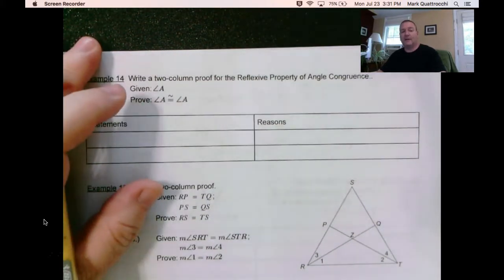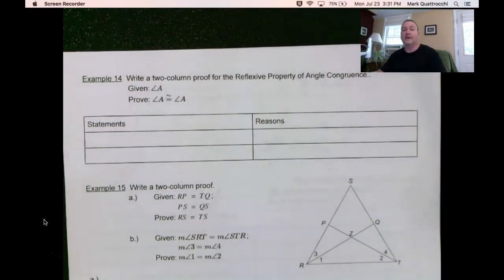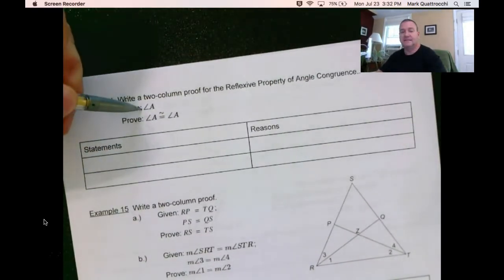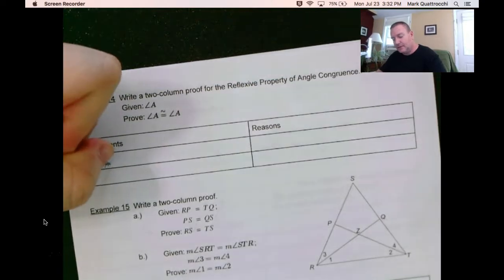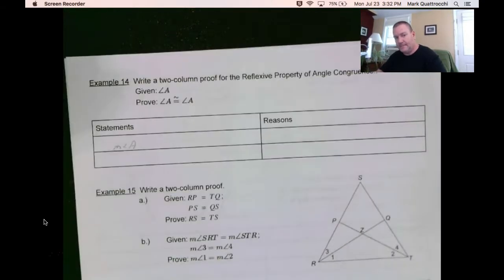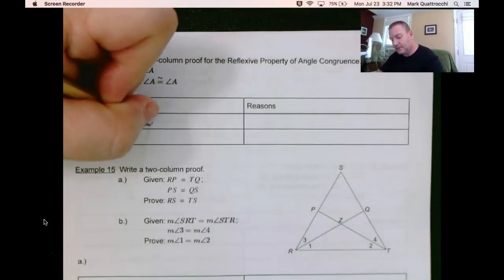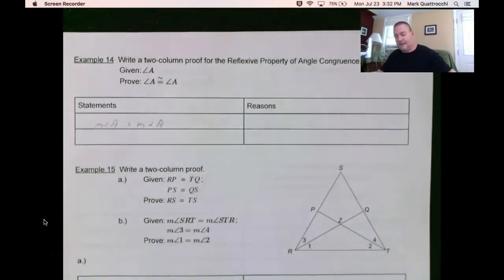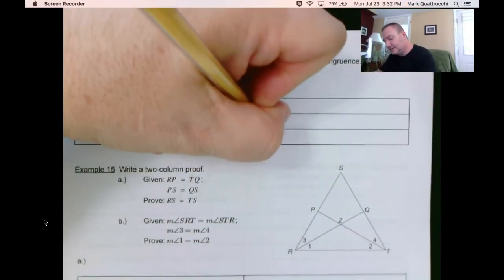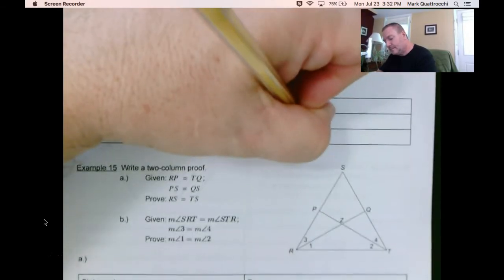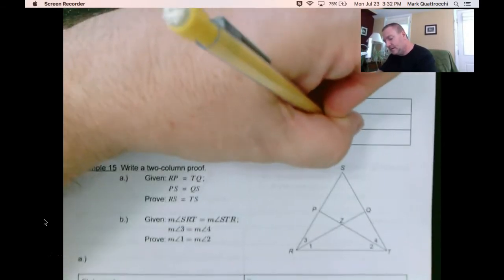We have at our disposal the reflexive property of equality. So, if angle A exists, then the measure of angle A has to be equal to the measure of angle A. And that is the reflexive property, this time of equality.